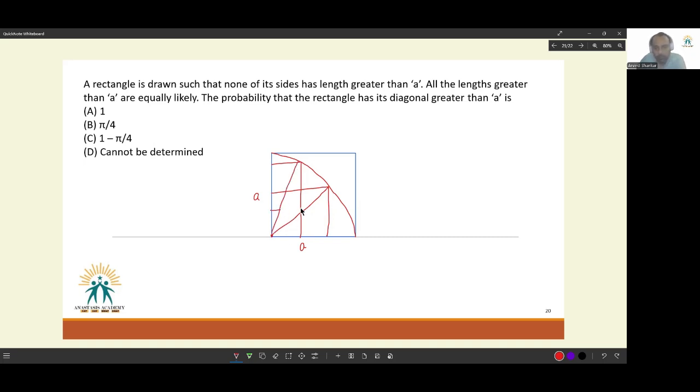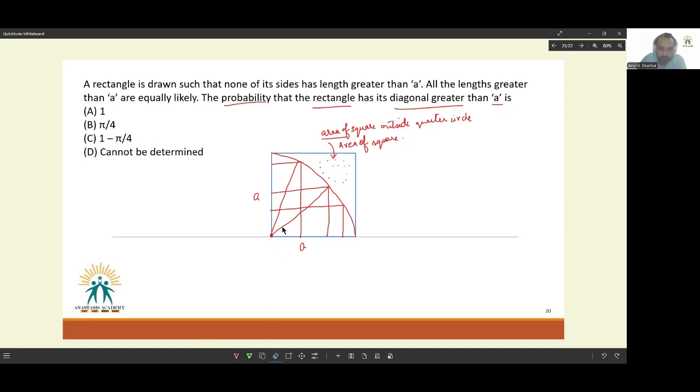And all the rectangles where the opposite vertex is outside this range will have their diagonal greater than A. So if we are looking for the probability that the rectangle has its diagonal greater than A, we are essentially looking for this area, the area of the square outside the quarter circle, divided by the area of the square. This is what the question is asking.